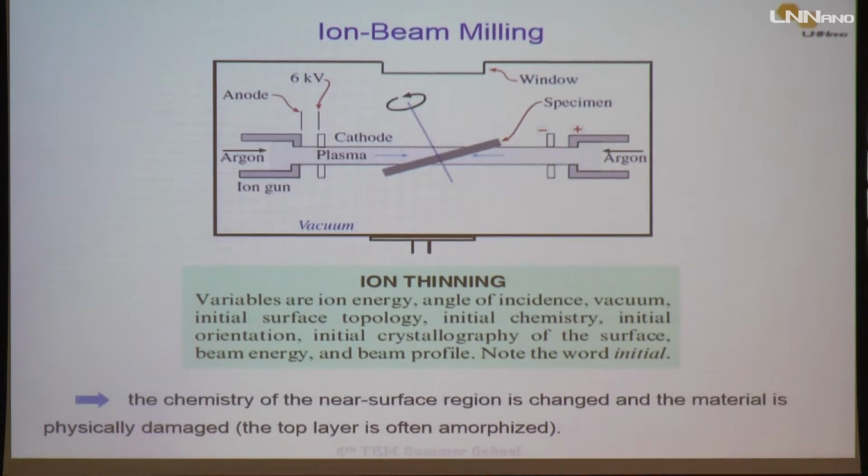You are accelerating now the ions that will shock with the surface of your sample and will remove some atoms in each collision that you have with the ion. And then, because of this, the near surface chemistry will be changed.